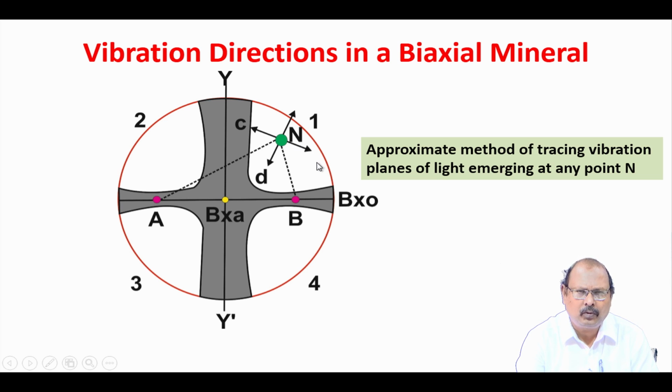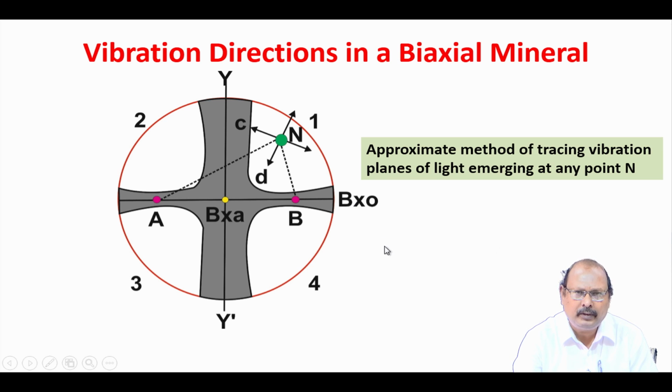Now, if you look carefully here, the D vibration direction is broadly parallel to the optic normal vibration direction, that is Y vibration direction here. Whereas, this vibration direction, which is C, is broadly parallel to the BXO or obtuse bisectrix vibration direction here.